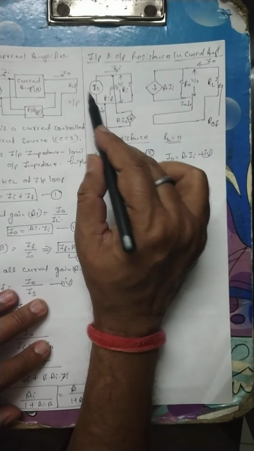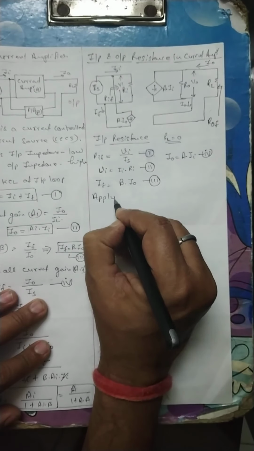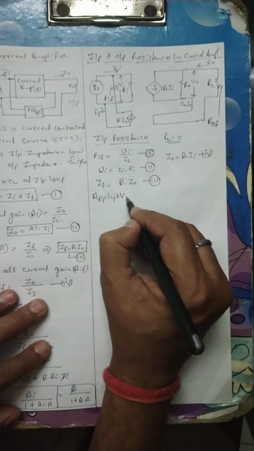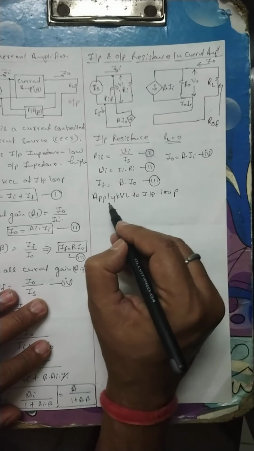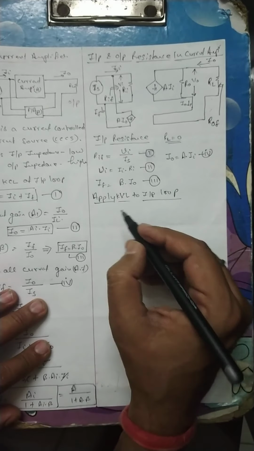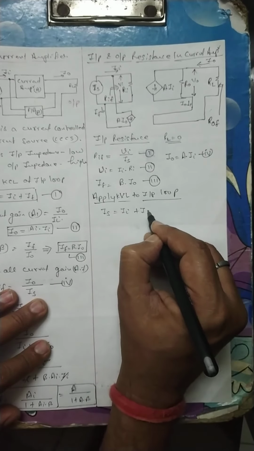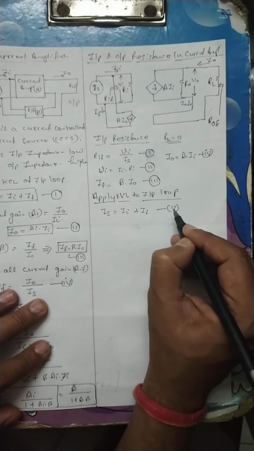Now, just as previously, apply KVL to the input loop. What will happen? IS is equal to II plus IF. This is equation number 5.